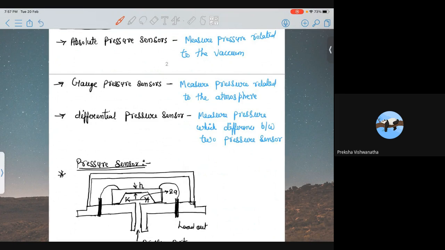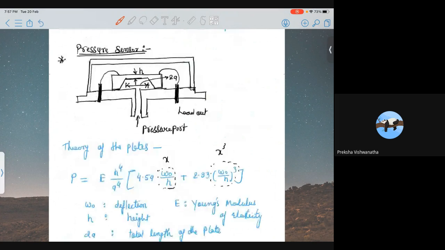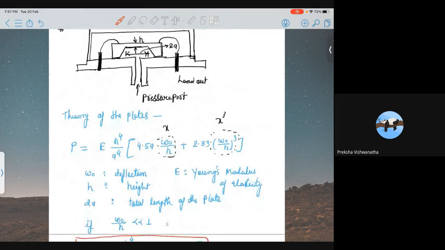So we fix one as a reference, and then we measure the difference between these two. Then we have seen how we calculate the pressure using the formula based on the plate theory.